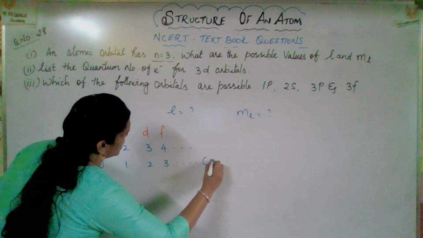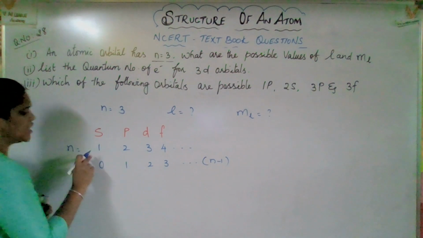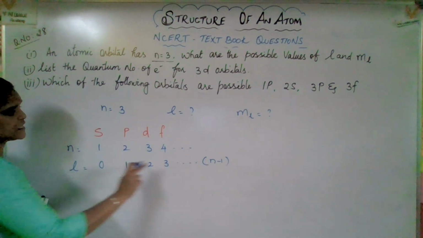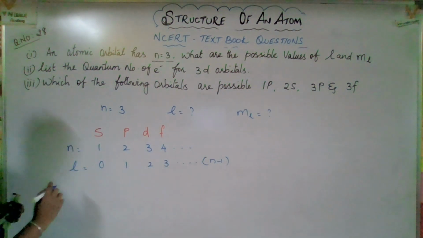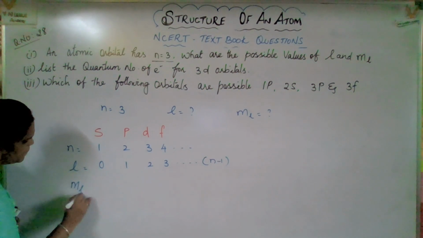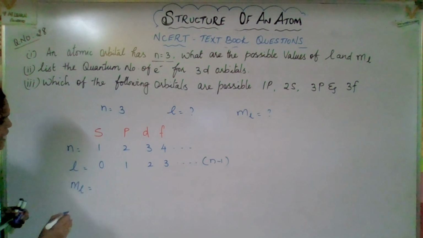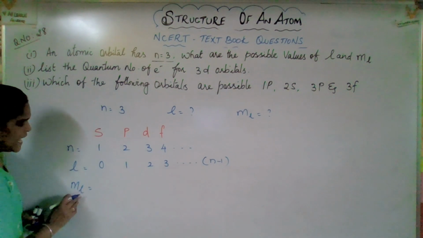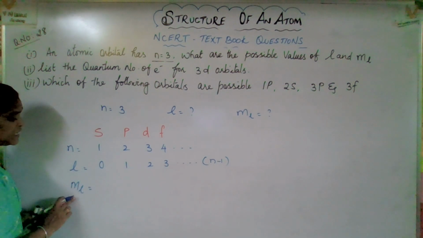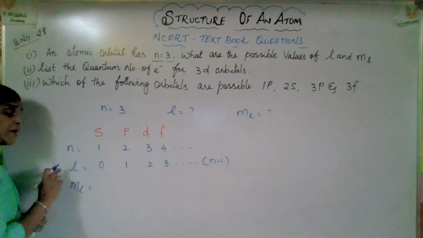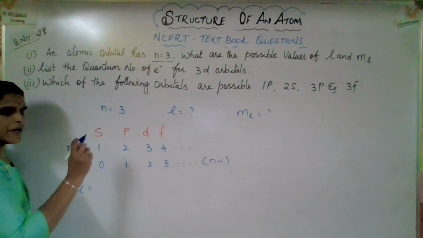So we can write n minus 1, because it is one number lower. Whereas the magnetic quantum number ml belongs to, or follows, the azimuthal quantum number.